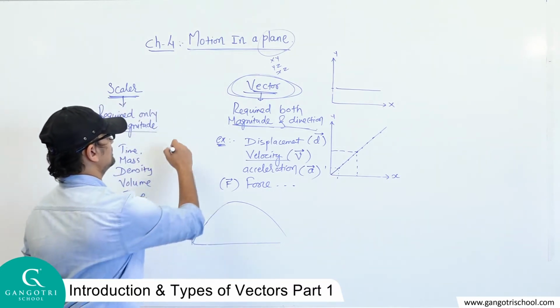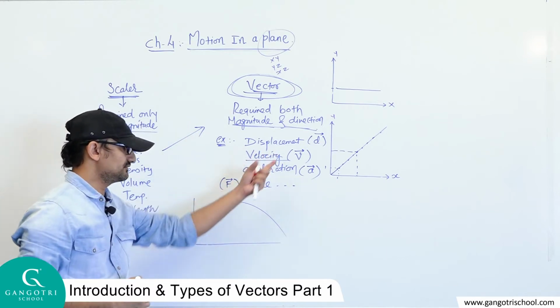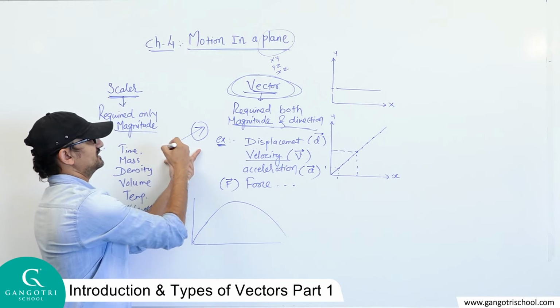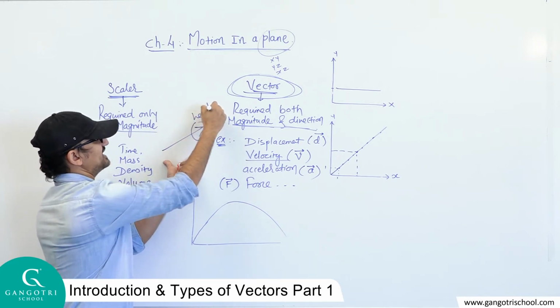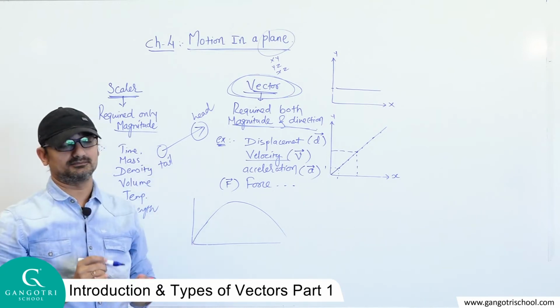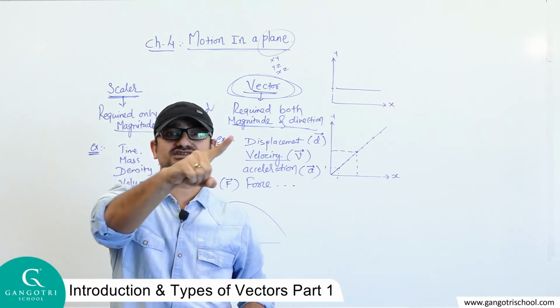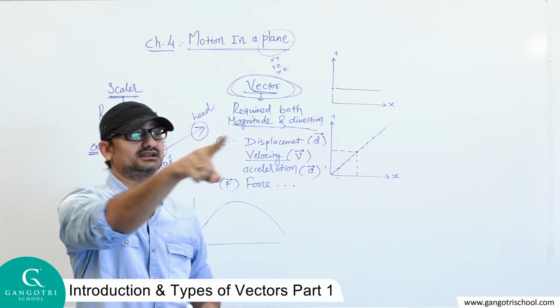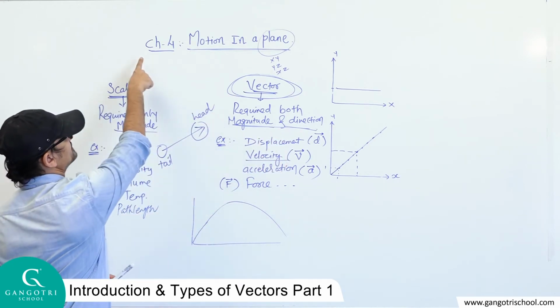Now we discussed the arrow. An arrow has two parts. This part is known as the head of the vector and this part is known as the tail of the vector. Many times we use our hand to represent something, like look at the fan, look at the board, look at the chapter number.